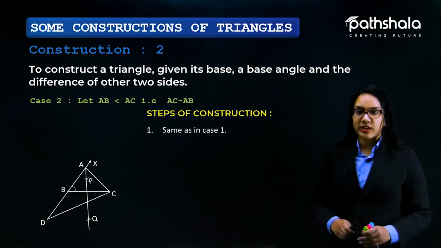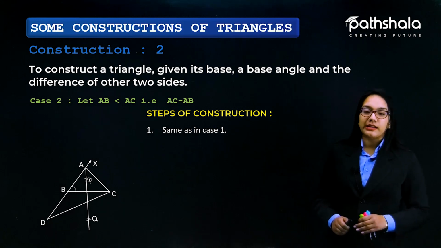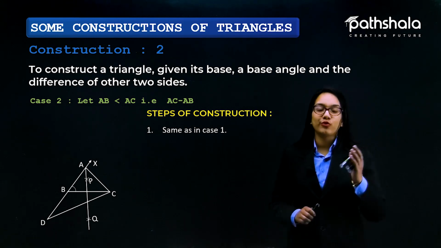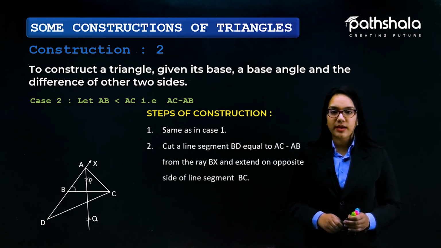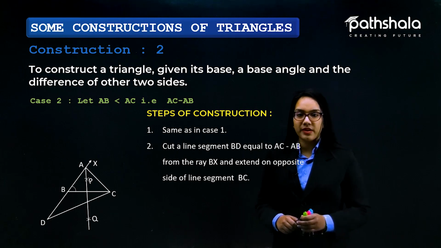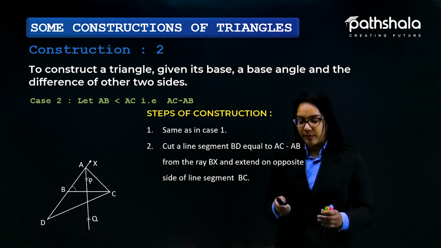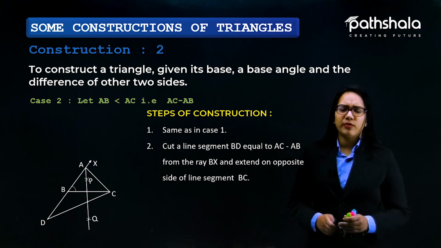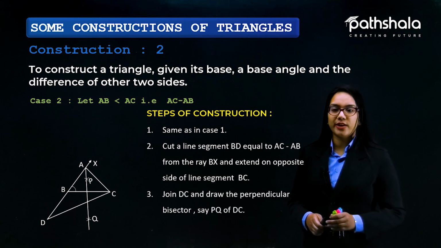The steps of construction involve the ones which are the same as in case number 1: we have to draw the base, we have to draw the angle, and further we have to extend the BX. So the next step would be to cut a line segment BD equal to AC minus AB from the ray BX and extend on the opposite side of the line segment BC, or we can say the BX line segment. And further the next step would be to join DC.